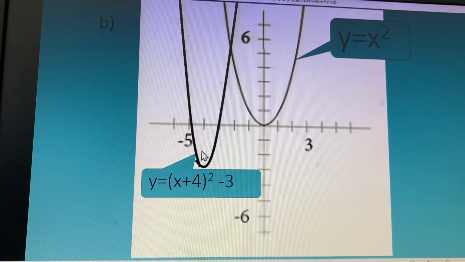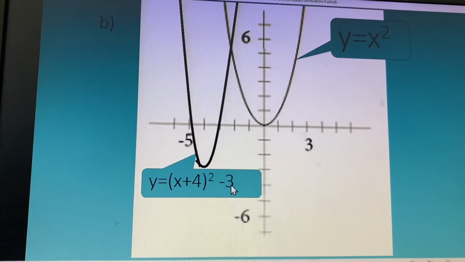So what did you observe in the translation of the quadratic function from the parent function? If the value of h is negative, it's translated to the left.